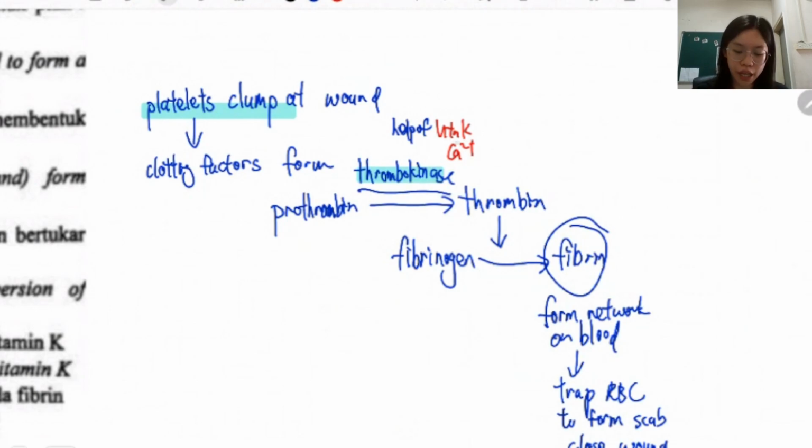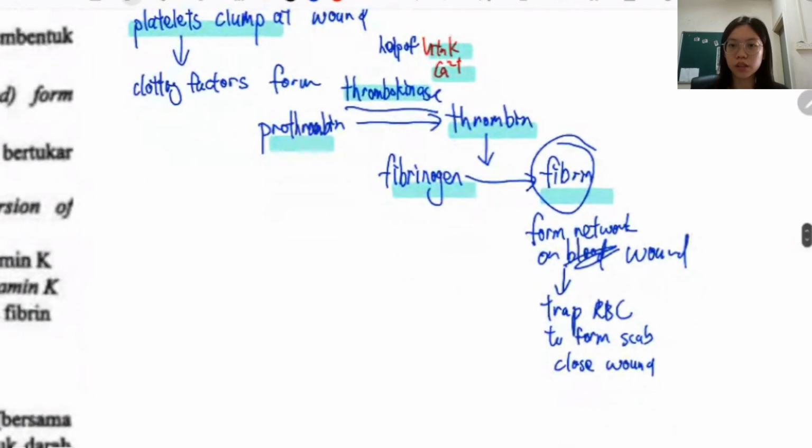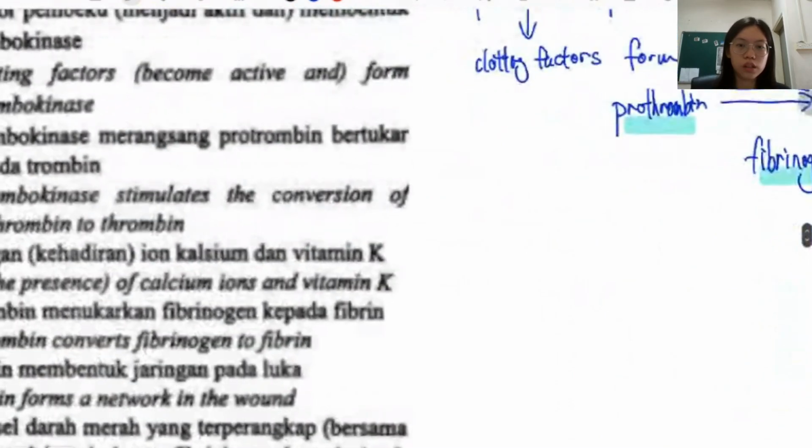This thrombokinase, with the help of vitamin K and Ca2+, will convert prothrombin to thrombin. And this thrombin will convert fibrinogen to fibrin. This fibrin is the one that will form the network on the wound, and it will trap the red blood cells to form a scab. So eventually it will close the wound.